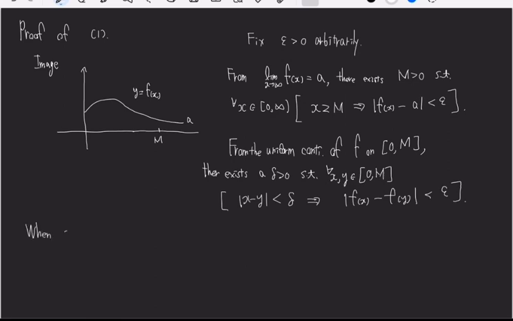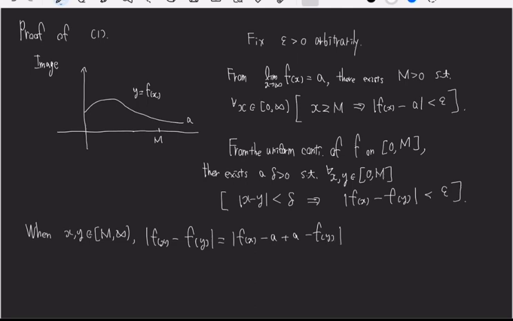When x and y are greater than or equal to m, the modulus of f(x) minus f(y) is written as f(x) minus a plus a minus f(y), by the triangle inequality.